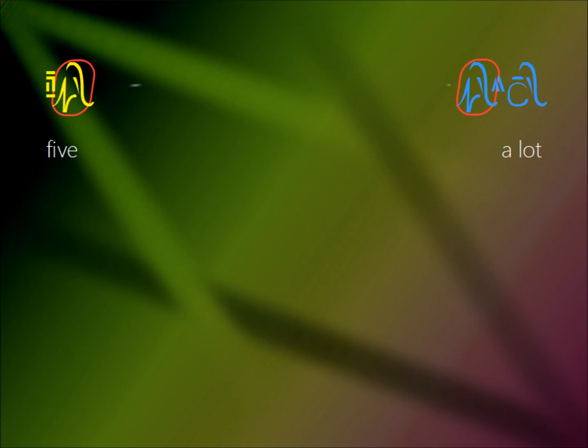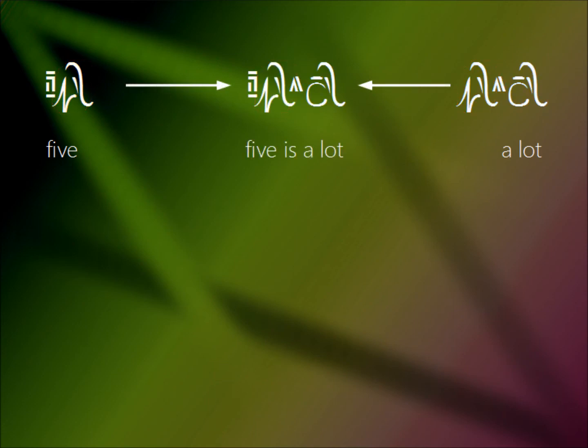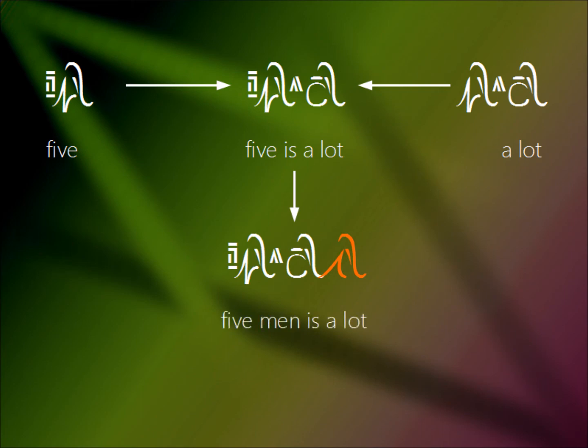In this case, we would get wakaira, which means 5 is a lot. If we prefix it to other words, we get, for example, wakairama, which means 5 men is a lot. You can use this structure to add an implication about your expectations. If you say that wakairama came to your party, it means that you had expected fewer people to show up.